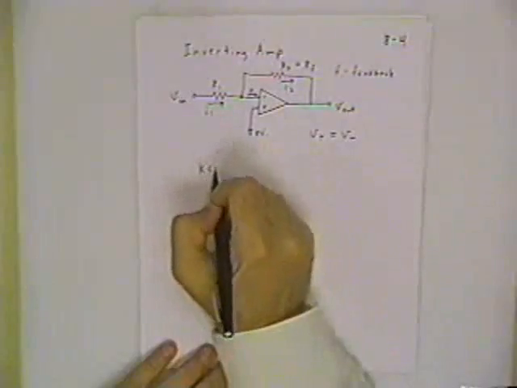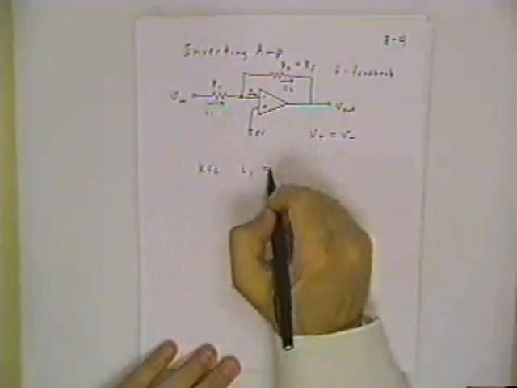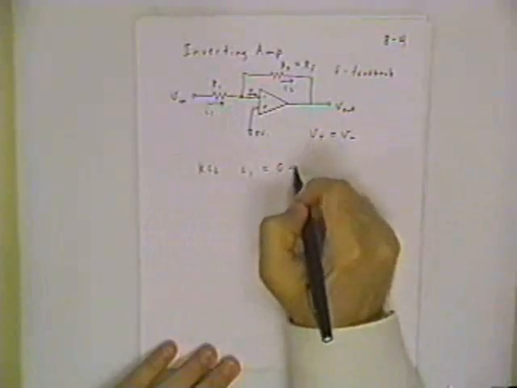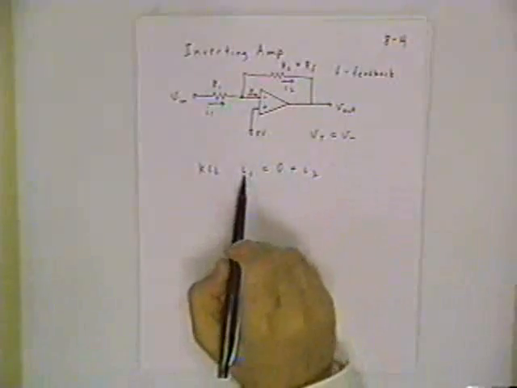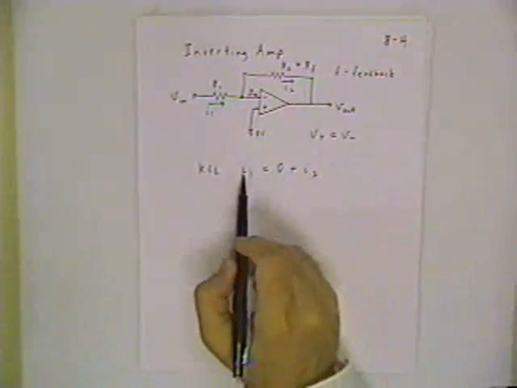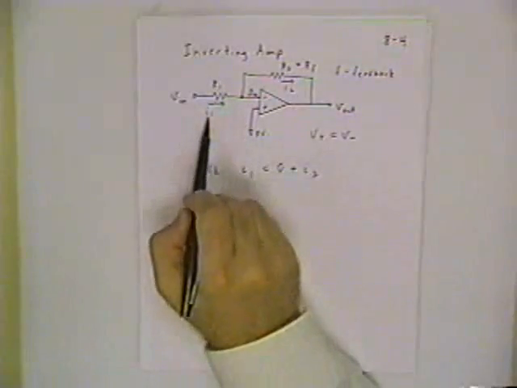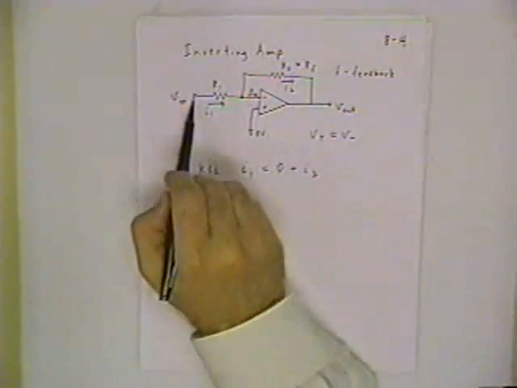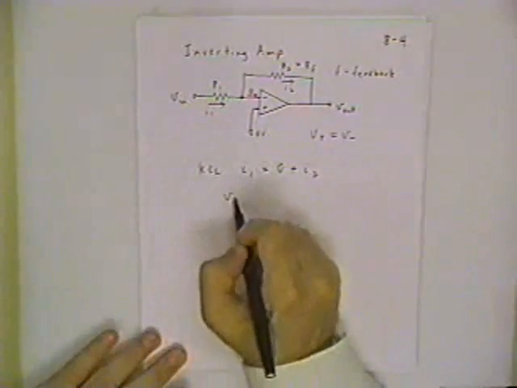So now, Kirchhoff current law. KCL says I1 is coming in, and we have leaving 0 amps plus I2. And now we need to translate these currents into their node voltage expressions. The current I1 is going through resistor R1, and the voltages at the two ends of that resistor are Vn and 0. So let's put that in the equation.